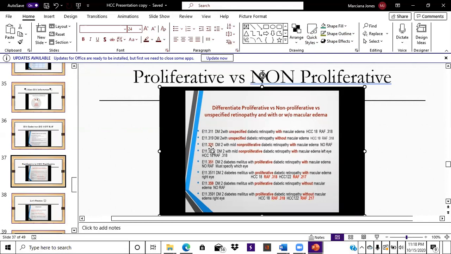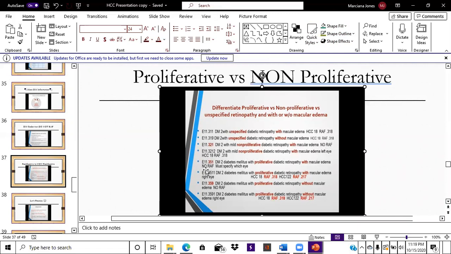So look at this, E11.321, diabetes with mild non-proliferative diabetic retinopathy with macular edema, no RAF. Take a look. E11.321, the extra digit 2, mild non-proliferative diabetic retinopathy with macular edema, left eye, it RAFs.